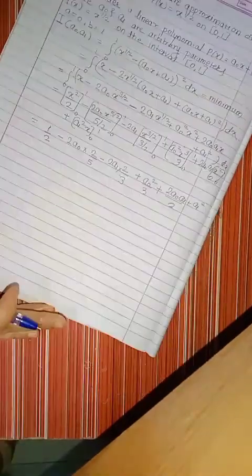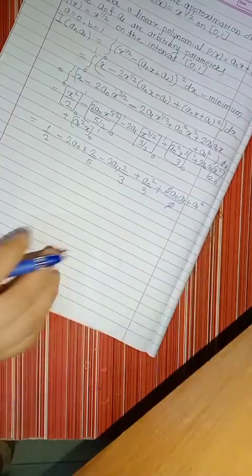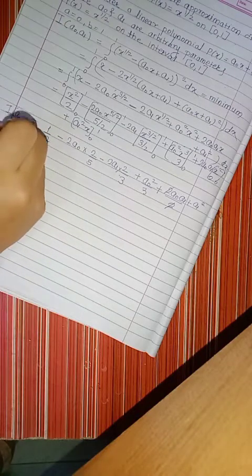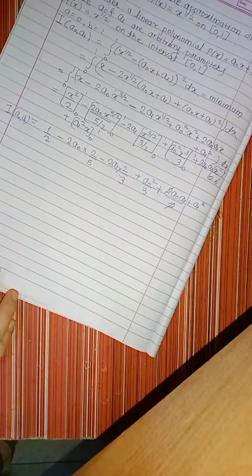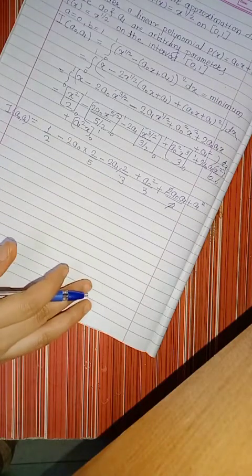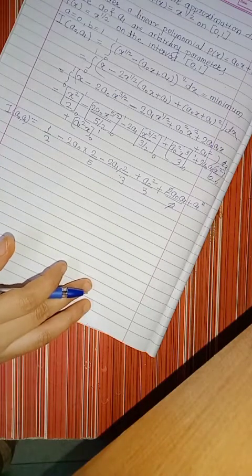Now this 2 will get cancelled. So this is what you have, I of a0 comma a1. So what we'll do is find partial differentiation with respect to a0 and a1.